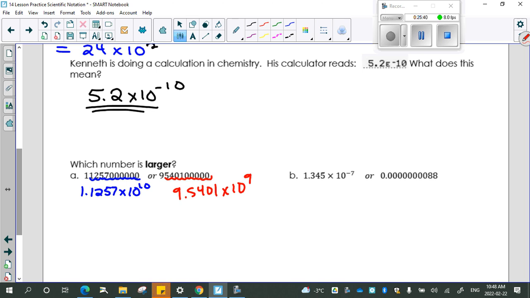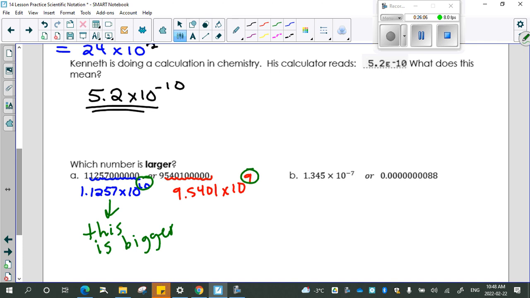Okay? So that is bigger than that, so this number is bigger. So even though 9.5401 is bigger than 1.1257, this one's got another 0, which makes it bigger by a factor of 10. Okay?